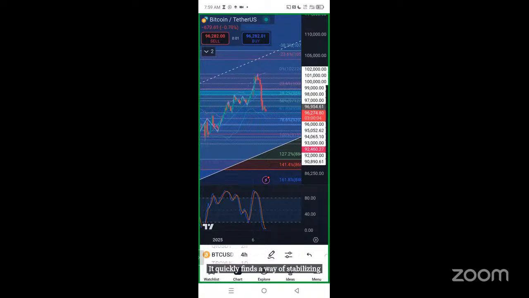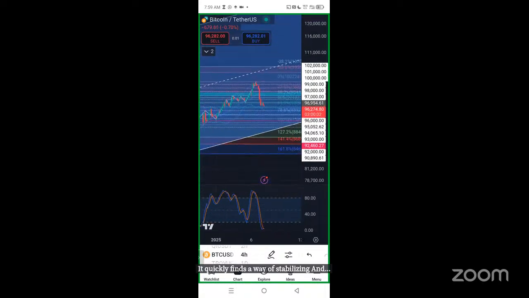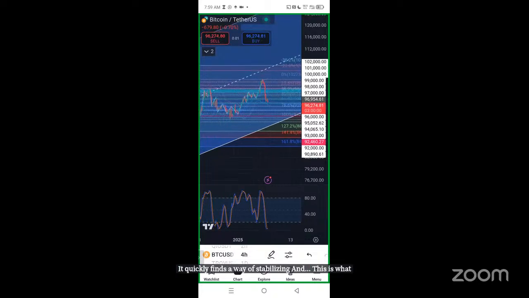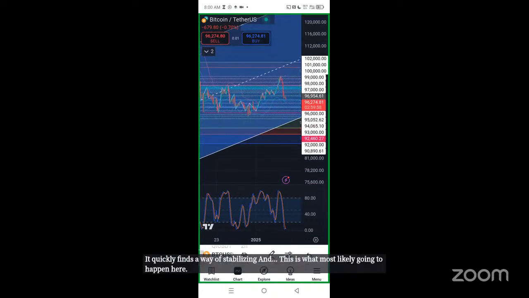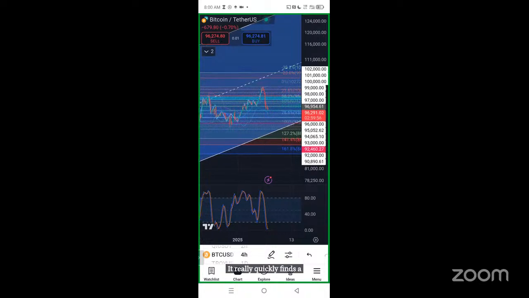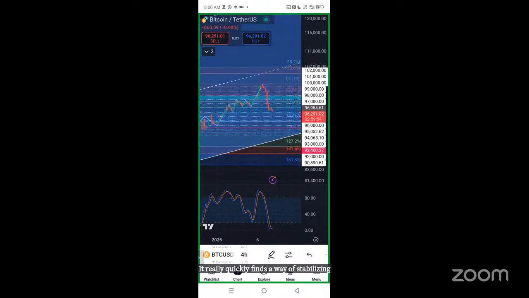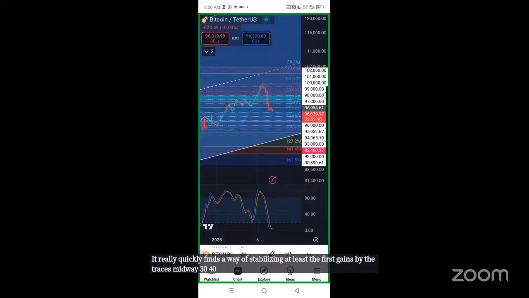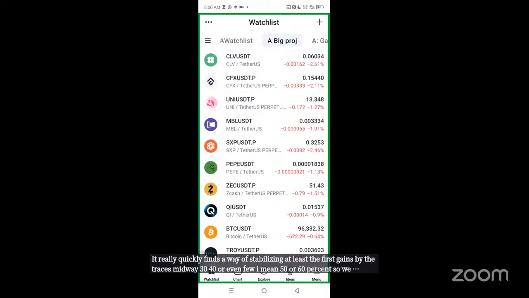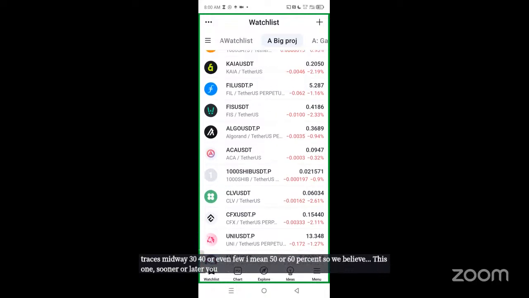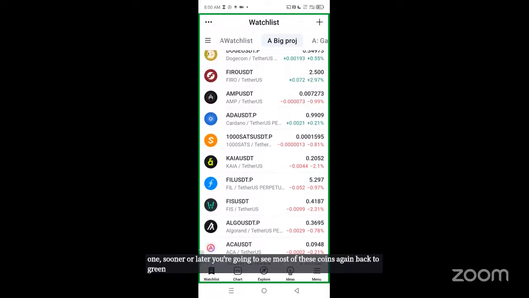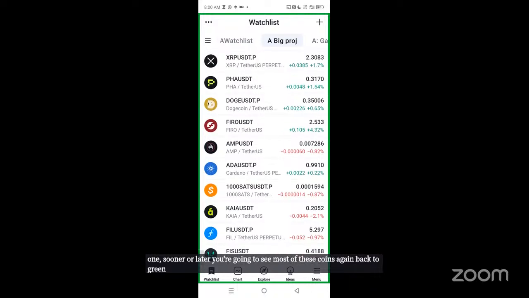And this is what is most likely going to happen here. It really quickly finds a way of stabilizing, at least the first gains by retraces midway 30, 40, or even 50 or 60% after a serious dump. So we believe sooner or later you're going to see most of these coins back to green. And you will make money again.